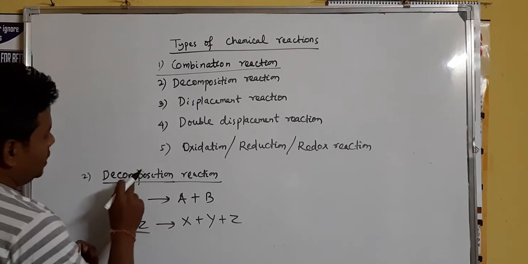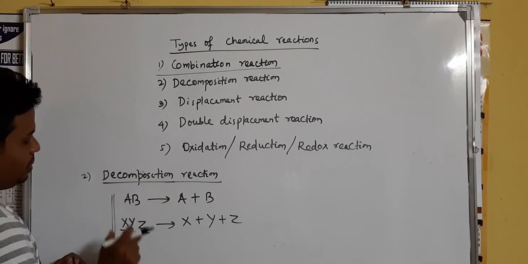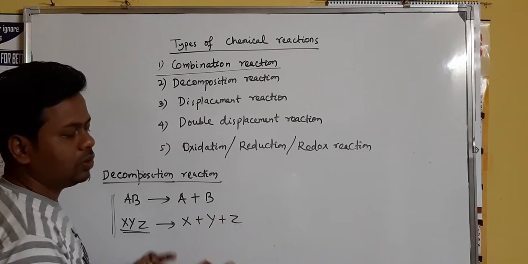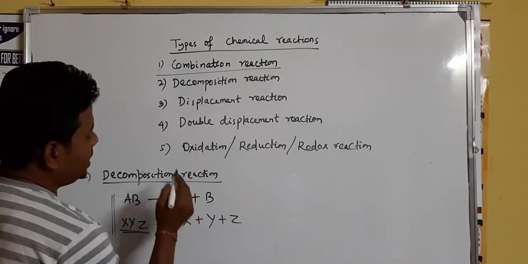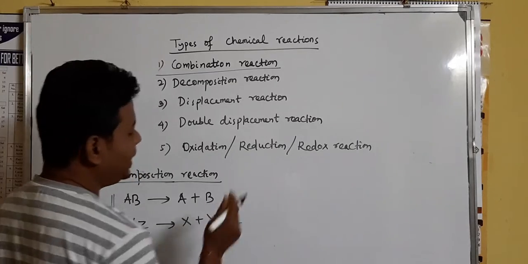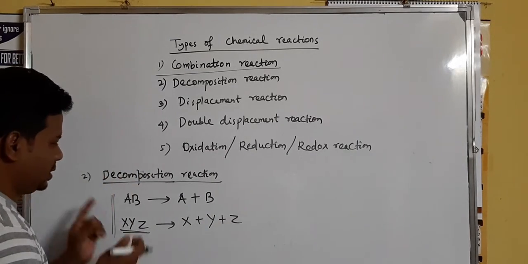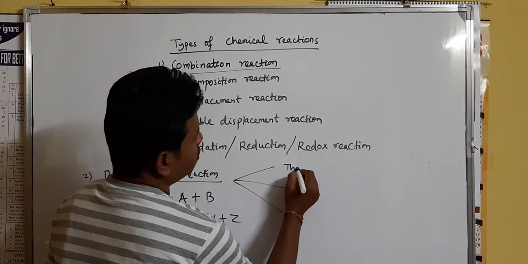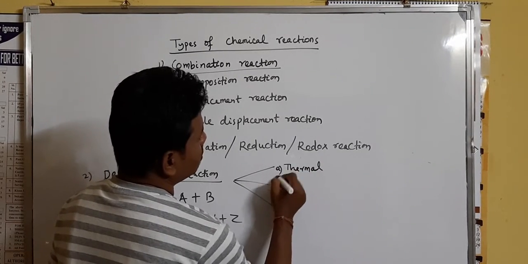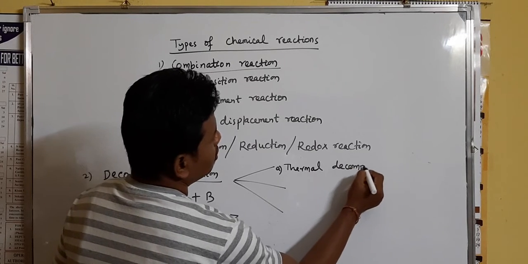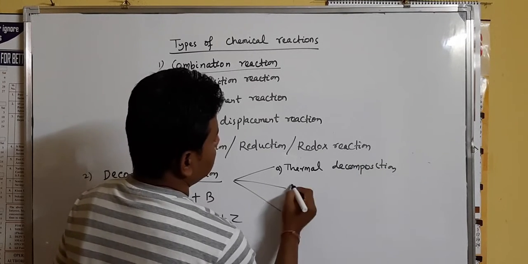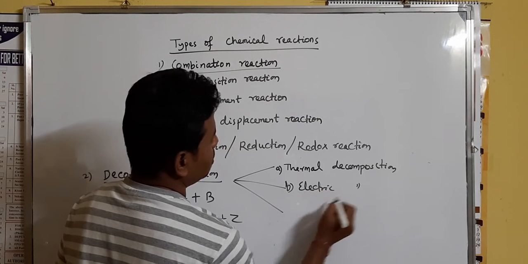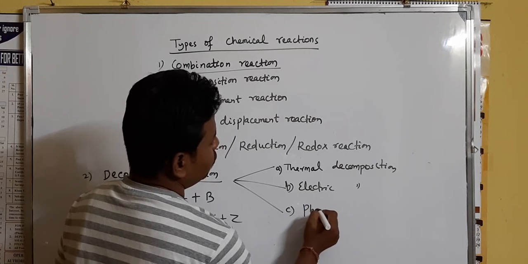Again I am repeating, in a decomposition reaction, a single reactant breaks to form two or more products. The decomposition reaction is again divided into three categories. One is thermal decomposition, second is electric decomposition, and photo decomposition.